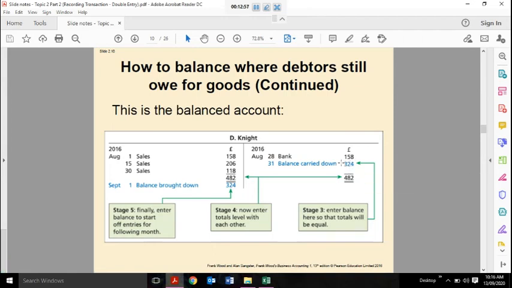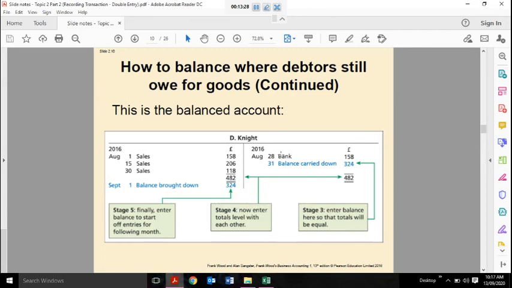So when you record this, it must be contra. This is the carry forward balance: he still owes you 324. When you carry forward to the next month, it must be contra to this side. If it's on the credit, you transfer it to the debit. If it's on the debit side, you transfer it to the credit side, and vice versa. So when you proceed to the next month, you write the date, September 1st, balance brought down 324.